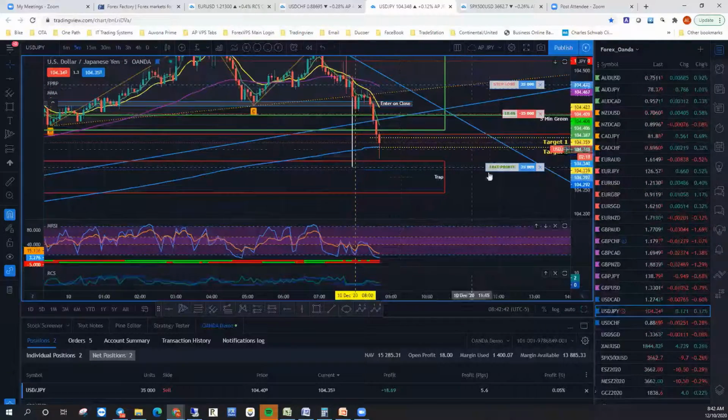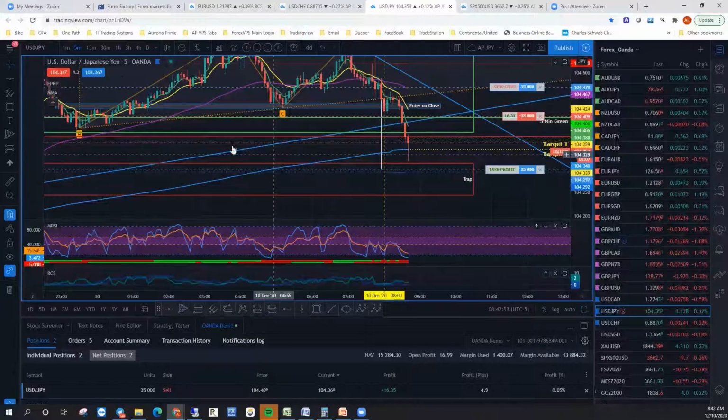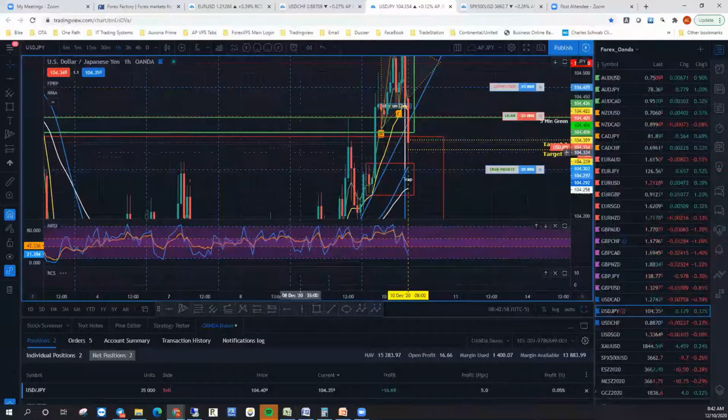It's going to base before it turns around, though. Probably so, because that's a significant break. So I see it filling up that downward candle before it.